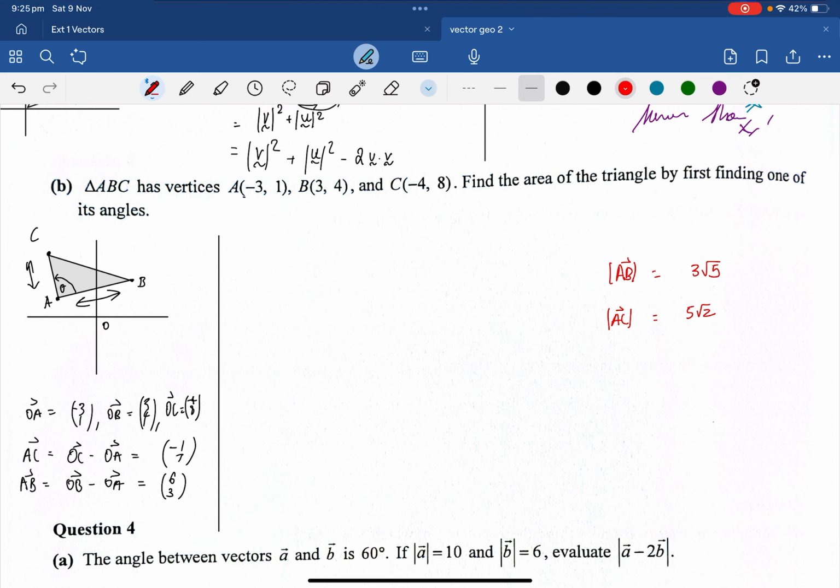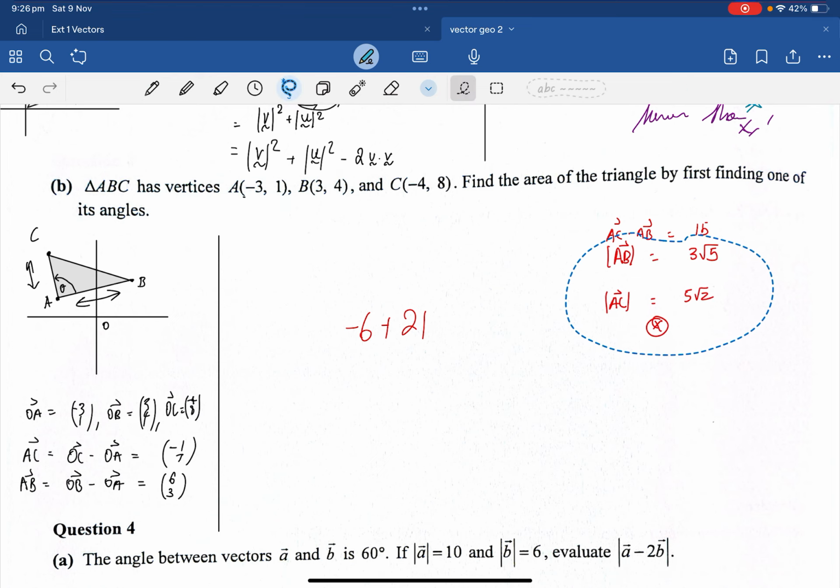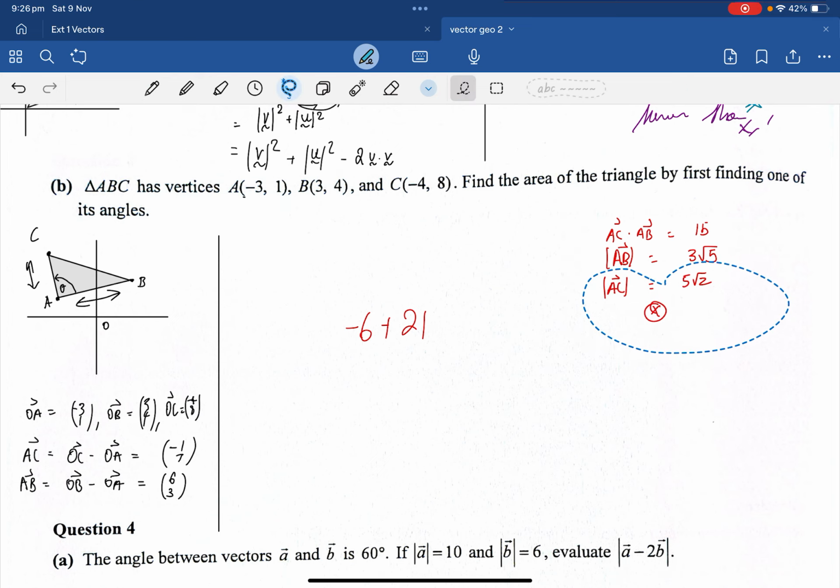If we dot product both of them, AC into AB, we will result in a scalar. What is that scalar? Minus 6 plus 21, so 21 minus 6, which is 15.